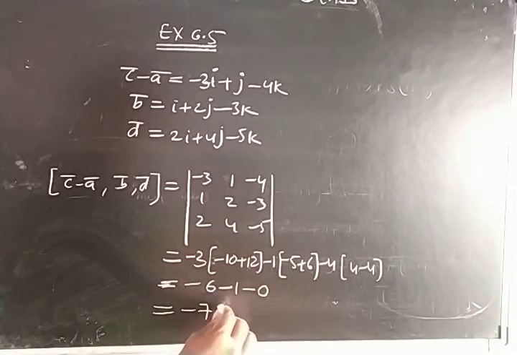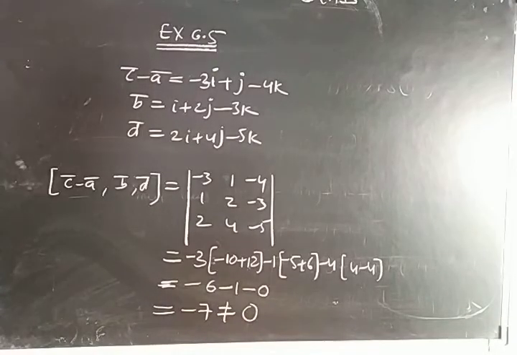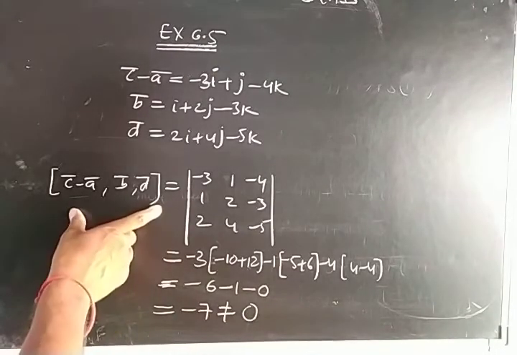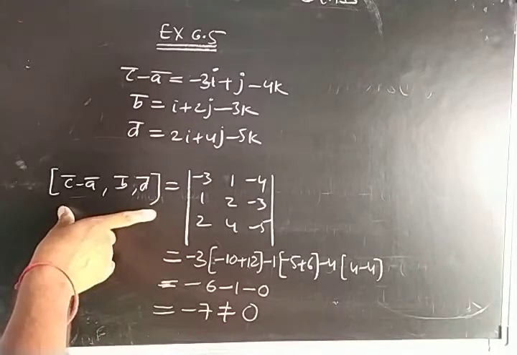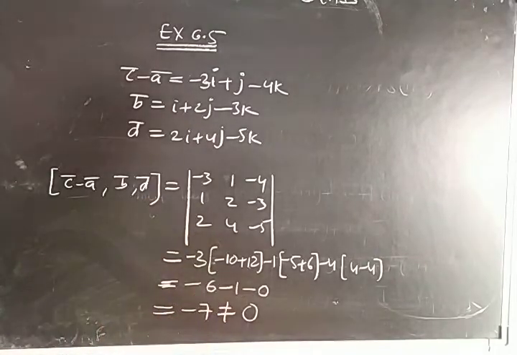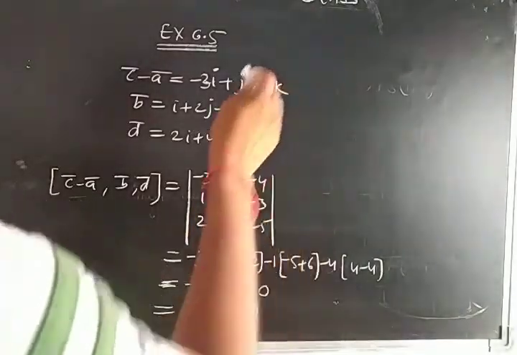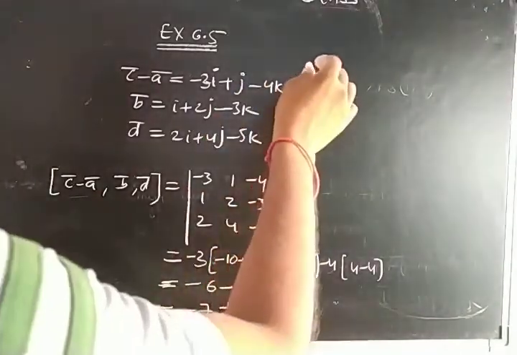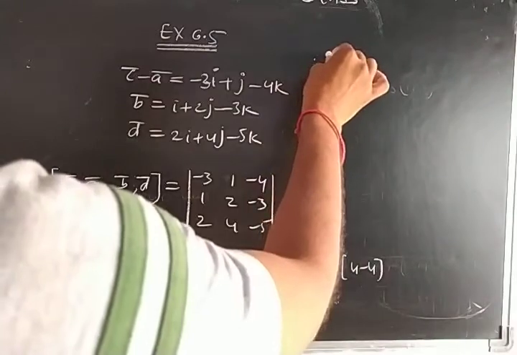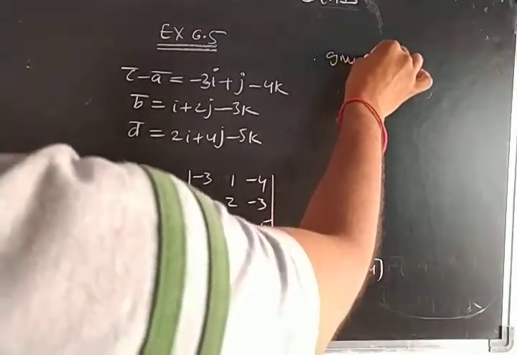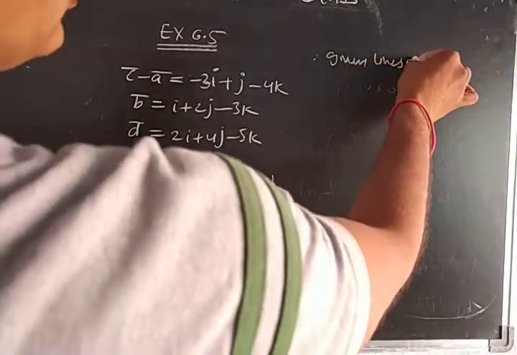It is minus 7. If bracket ABC is not equal to 0, then the lines are skew lines. Bracket of these three vectors, if the determinant is not equal to 0, then we can conclude the lines are skew lines. Therefore the given lines are skew lines.